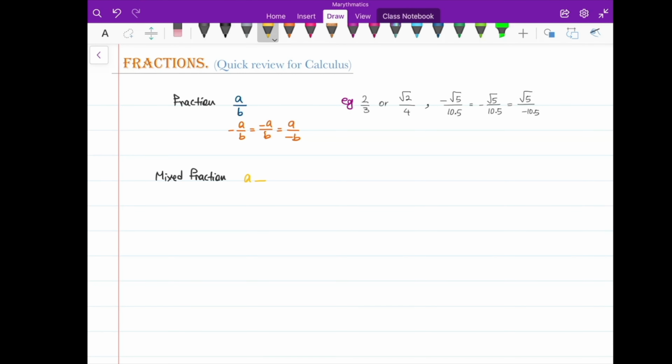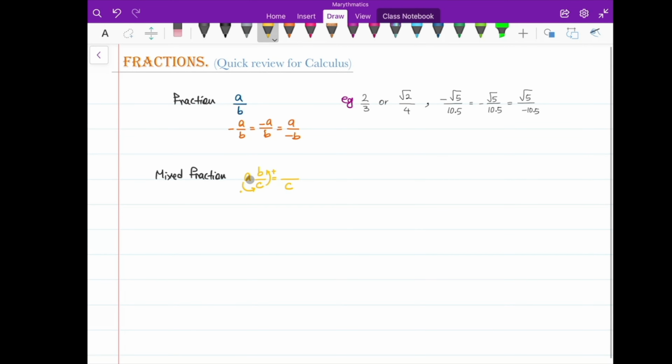If we have A and then B over C, okay, so something that we do to make it a nice fraction like this one is that we multiply A by C, and then we add the result to B, okay? So the answer here would be this. I'm going to keep the denominator, and the numerator I have A times C plus B.